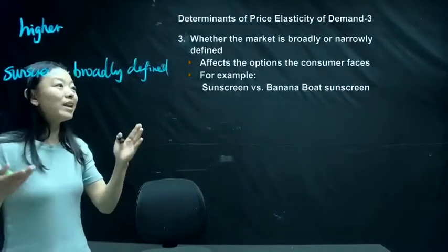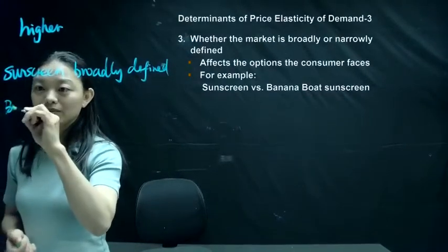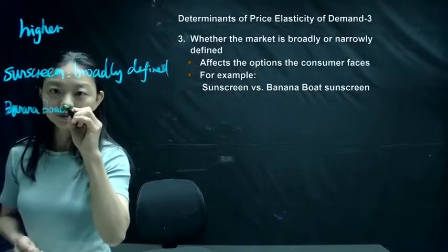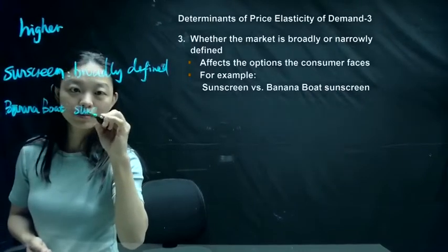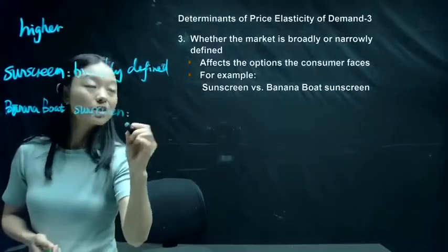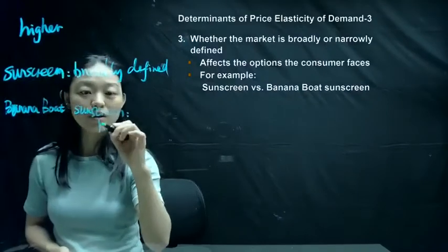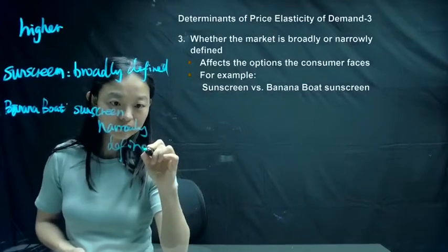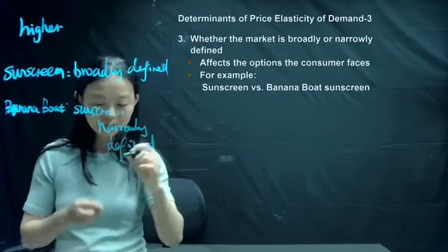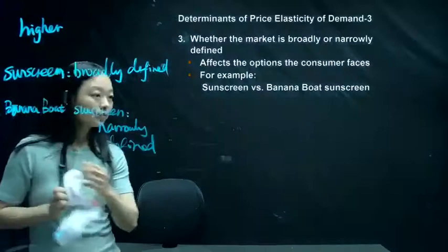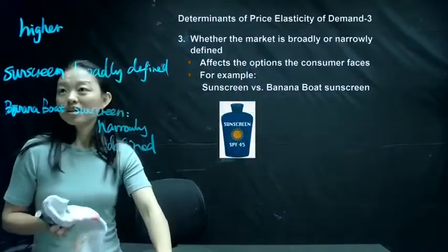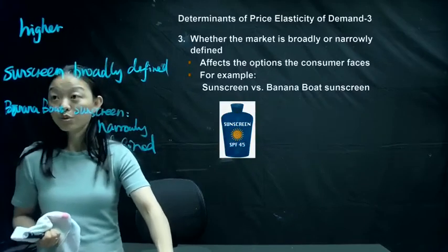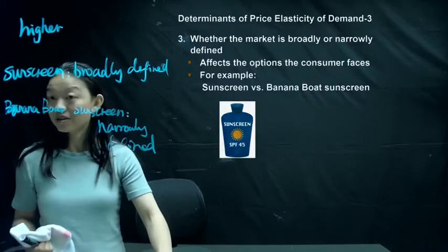And if we say Banana Boat sunscreen, look at this one, Banana Boat sunscreen, this is what we call narrowly defined. It's narrowly defined. If we just say sunscreen's price increases, then probably the quantity demanded of sunscreen would not decrease a lot.